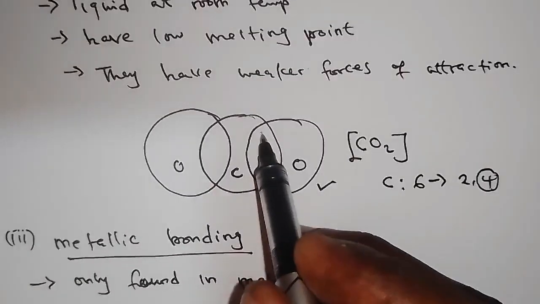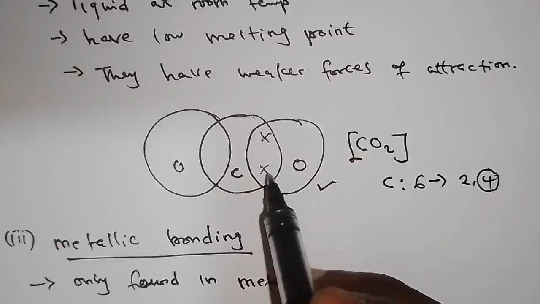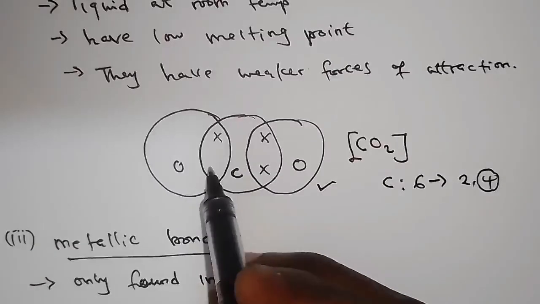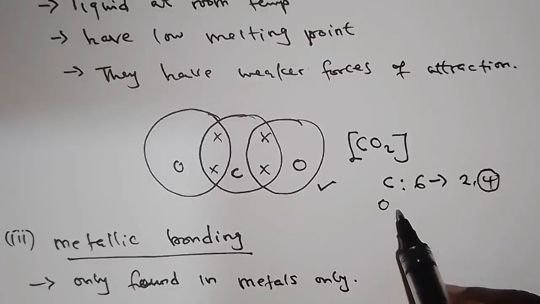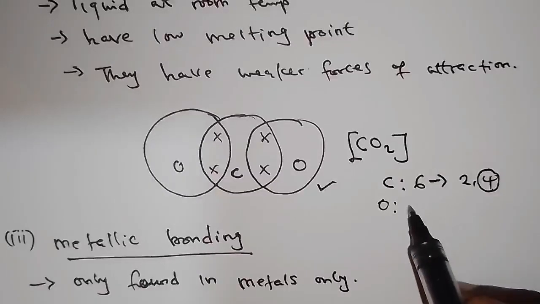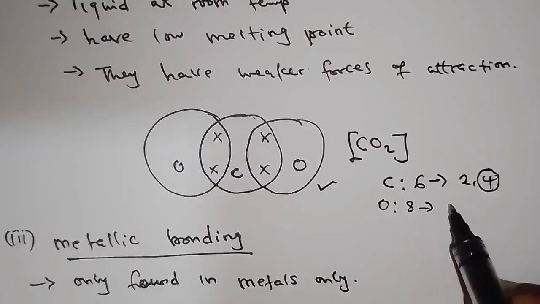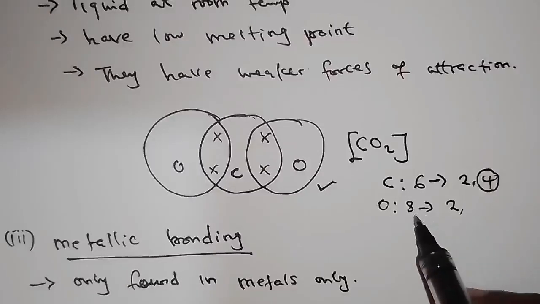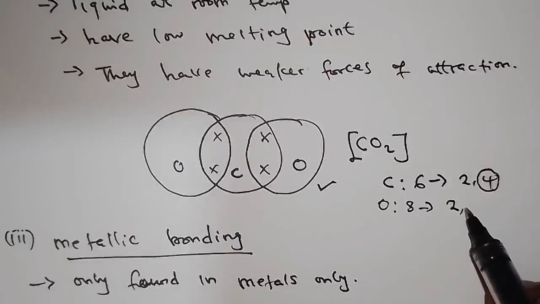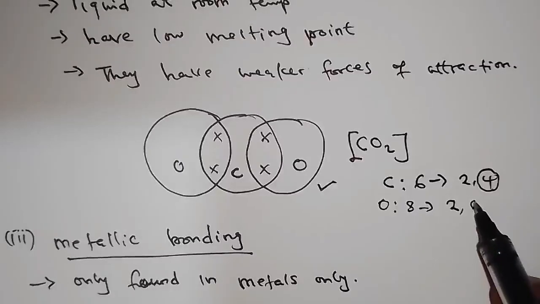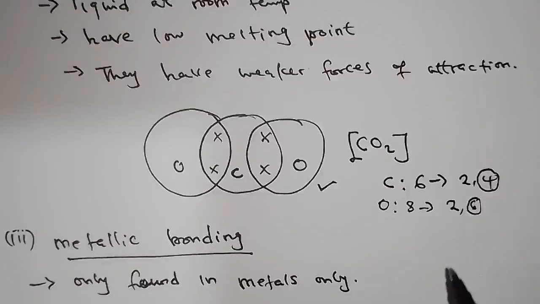So you put 2 on each side that is shared. And for the oxygen, it is 8. When you do the configuration, it is 2, then we subtract 2 from 8, that's just 6. So for the oxygen, that will be 6.